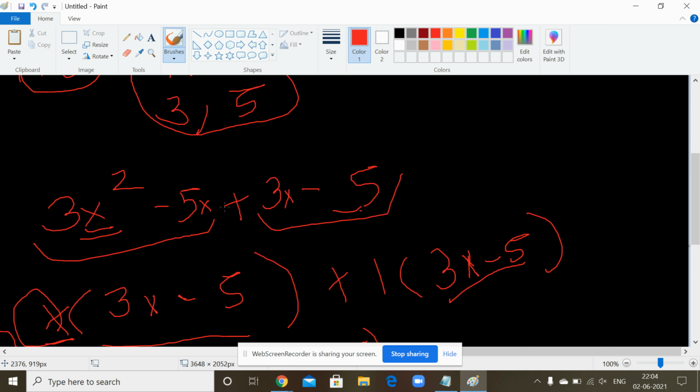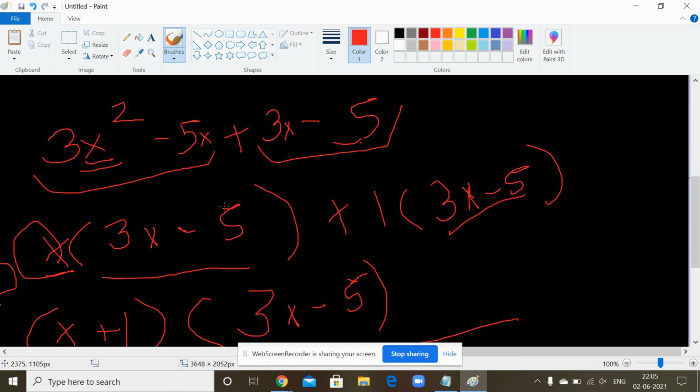Now we make pairs of the first two and the last two. The first pair is 3x square and minus 5x, and the second is 3x minus 5. In the first pair we check what is common, and then in the second pair. In the first pair x is common, as 3 is not a factor of 5, so only x is common.